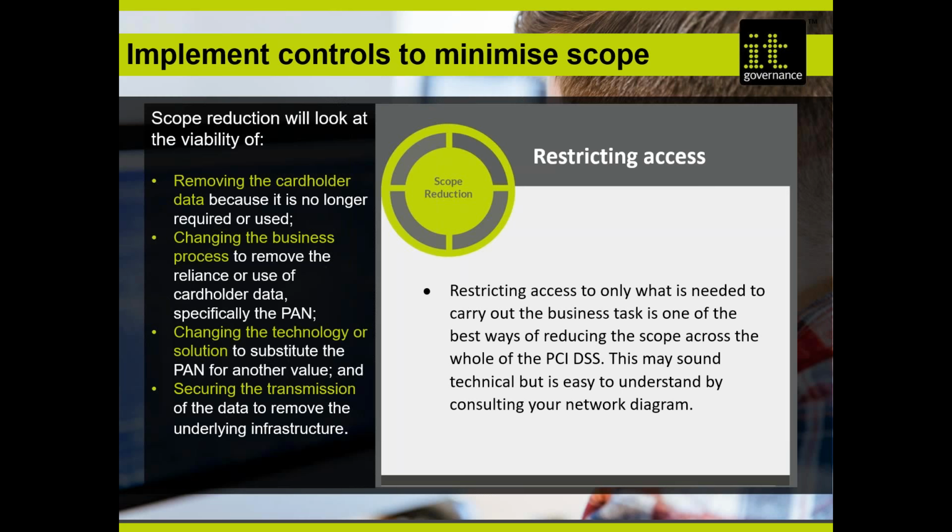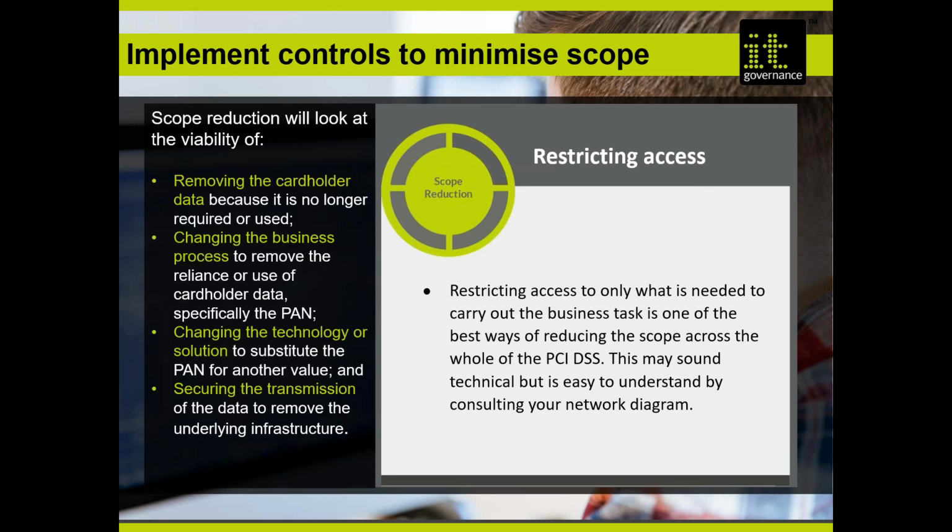This is a good way to ensure the scope reduction across the whole of the PCI DSS. One method of ensuring the minimal level of access is to look at the inbound and outbound traffic separately and ensure that, for example, databases, where they get the information from, do they require outbound channels and inbound channels to move that data around?